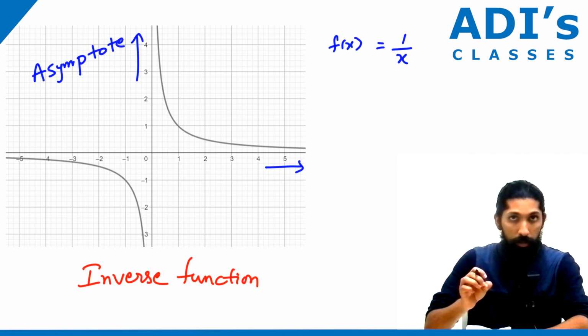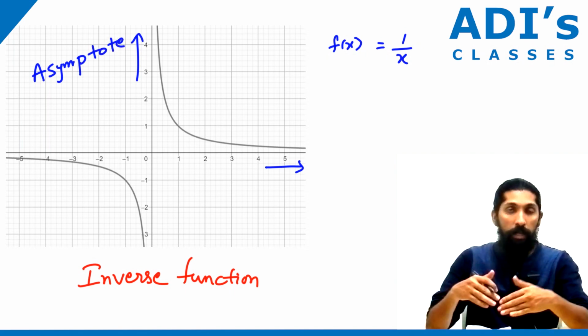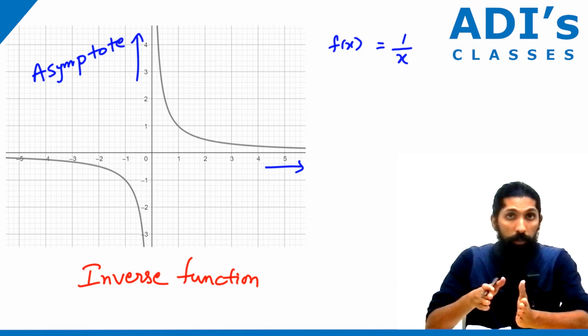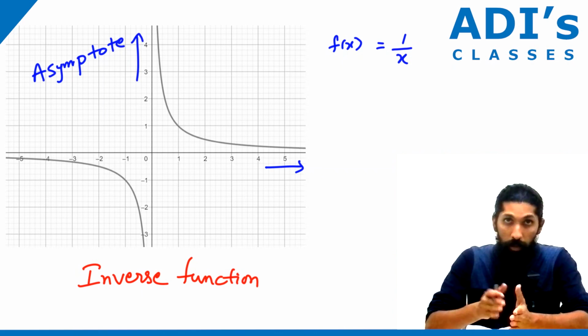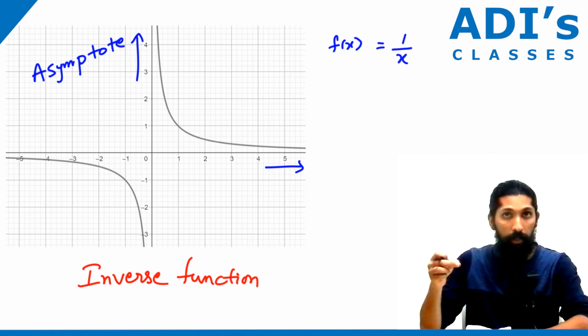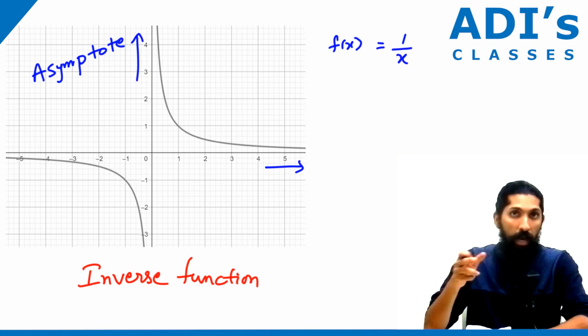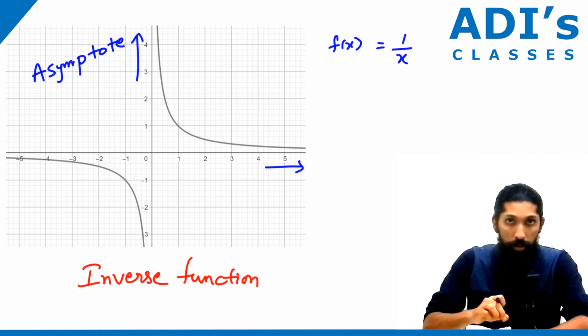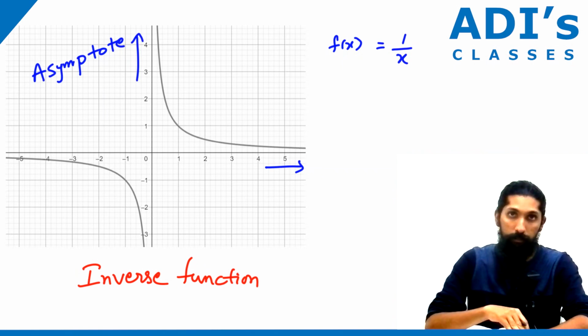So asymptotes are those lines that, as you go on further increasing the values, become closer and closer to one another, but they will not meet. So both the x-axis and y-axis are asymptotes to this function 1 by x.